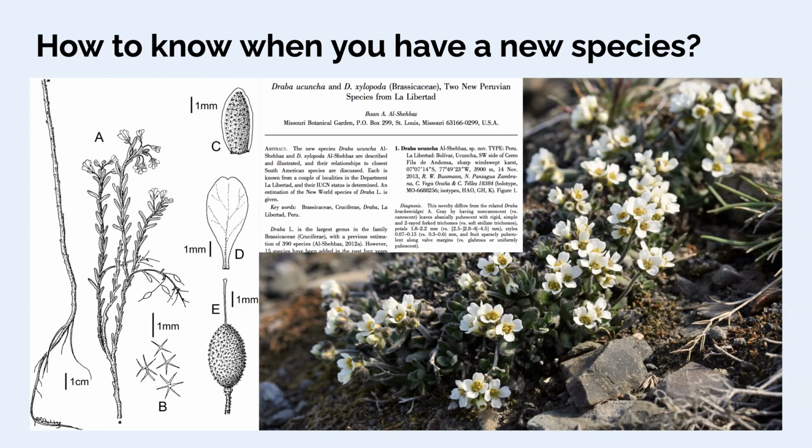I mean, a lot of times you'd be looking at huge areas of land that you would have to cover to collect representative specimens of a species. How much better is it to just go to a herbarium and collect a bunch of data all at once, all in one place? So if you've looked at representative specimens across the range and you find out that you have a species that is outside of the range of those other species, that can be one of your strongest pieces of evidence for saying that you have a new species.